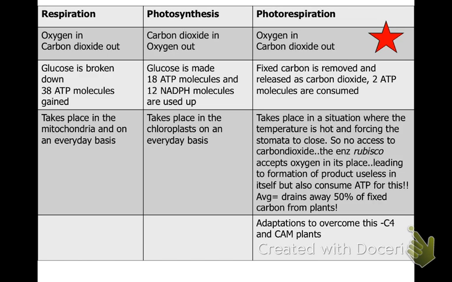Okay, so this is like a compilation of all the 3 types. So you have in respiration, which is your cellular respiration, oxygen in, carbon dioxide out. What happens? Glucose is broken down, 38 ATP molecules are made. It takes place in the mitochondria and on an everyday basis. In photosynthesis, carbon dioxide is in, oxygen is out. Glucose is made by using 18 ATP and 12 NADPH for this process. It takes place in chloroplast on an everyday basis in the daytime.